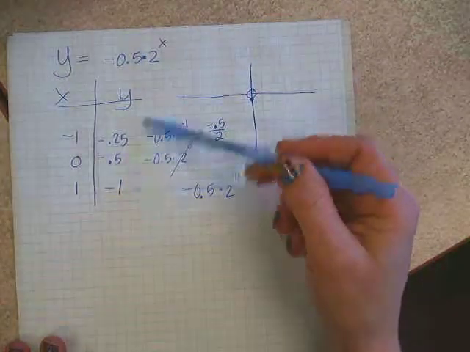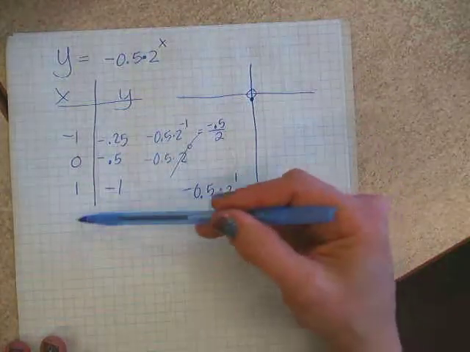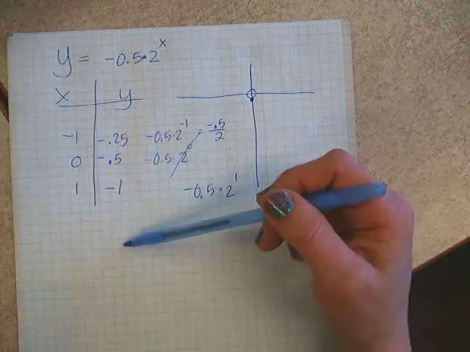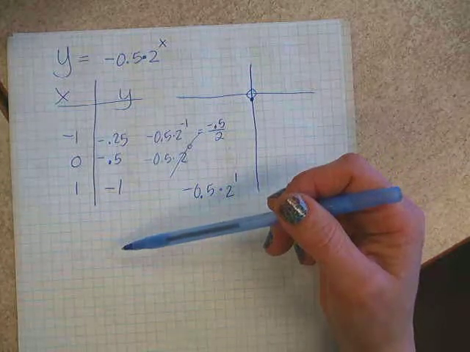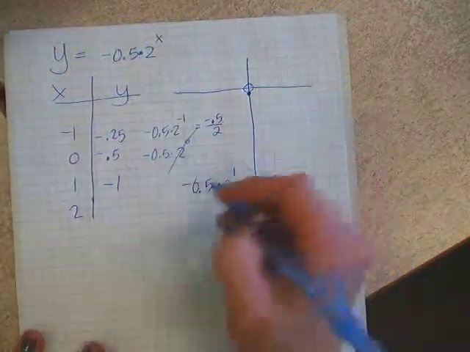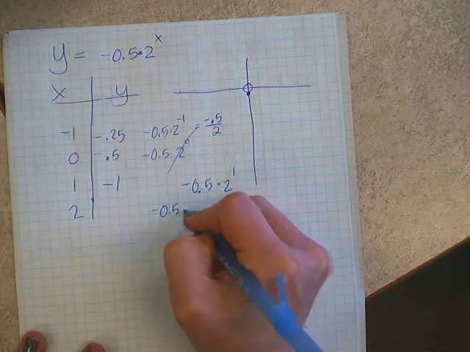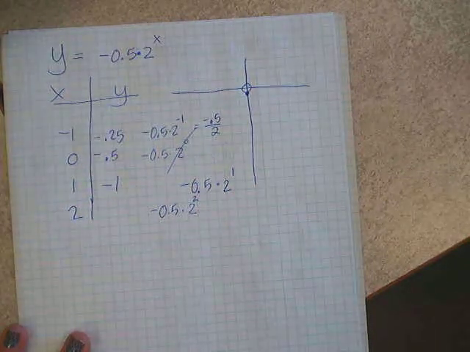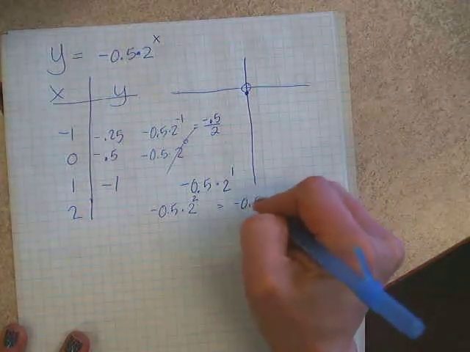And then this one, negative 0.5 times 2 to the first. So that's a half, right? If you double it, that's 1, but it's still negative, yes? So this is negative 1. And can you tell by looking at these, you probably are going to want another positive.